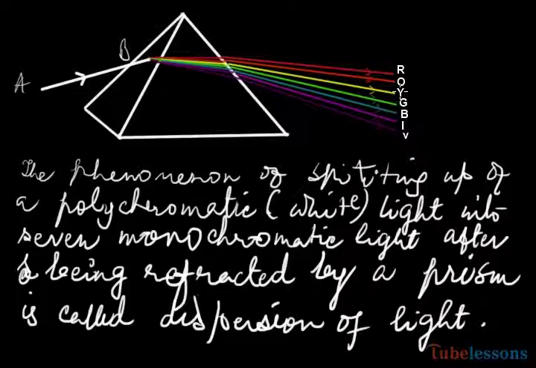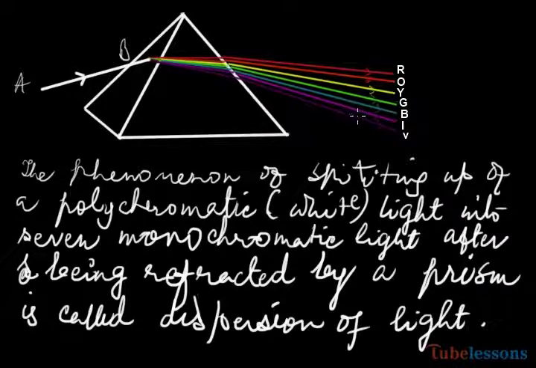Now in the spectrum, it's a pure spectrum because pure spectrum is that in which the 7 monochromatic lights are seen separately, distinctly in their own position according to their refrangibility. According to refrangibility, the position of violet is at the bottom and the position of red is at the top. And this happens due to the different wavelengths of different colored light.